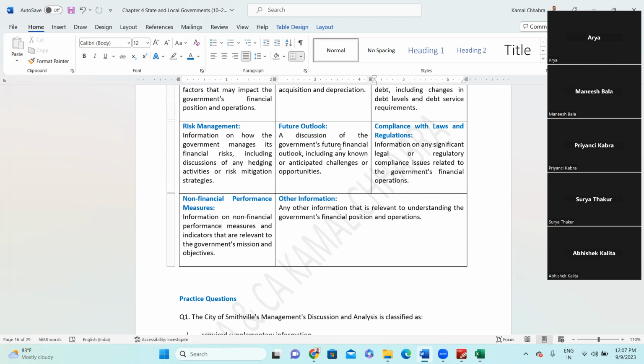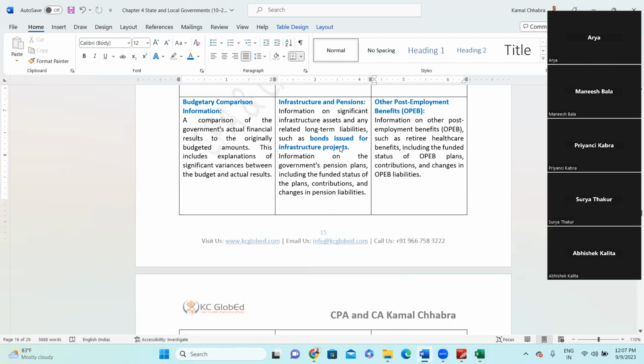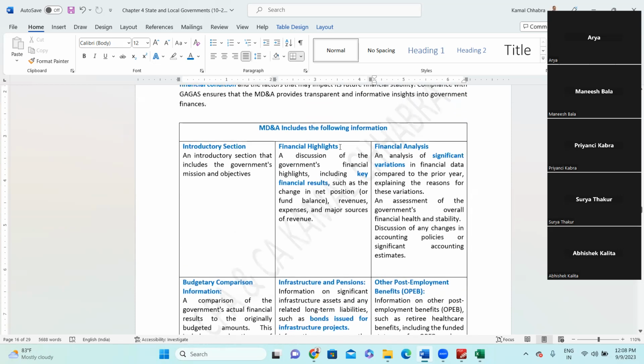On the other hand, the mortality rate, inflation rate, currency rate, or maybe inventory turnover ratio, debtor turnover ratio, creditor turnover ratio, liquidity ratio, those are all non-financial information, but important to measure the performance of the organization. And the last one is other information relevant to understand the government's financial position and its operation. All that information you need to disclose in the management discussion and analysis.